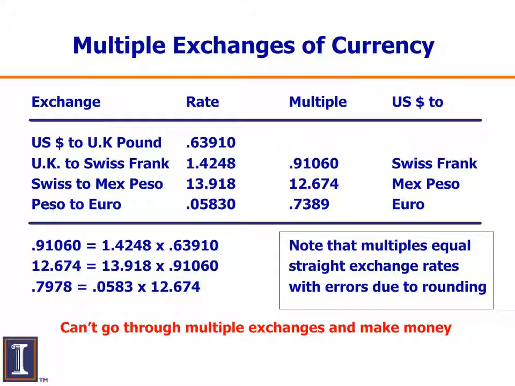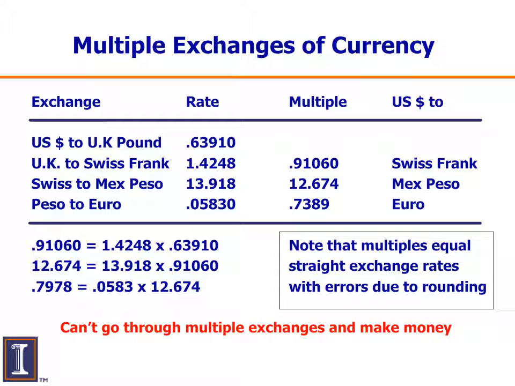You will note that that 0.91060 is the same, go to the previous slide, as the US dollar to Swiss franc currency exchange. And that again has to be if there's equilibrium in the market. We shouldn't be able to exchange funds across different currencies and end up with more currency doing the exchanges than doing the straight US dollar to Swiss franc.